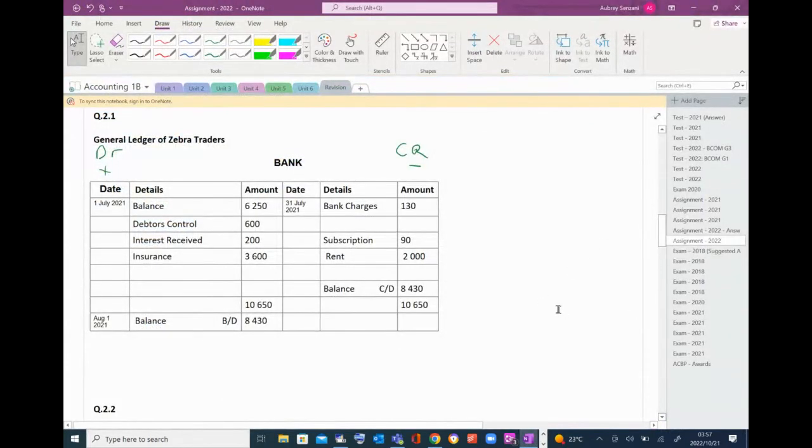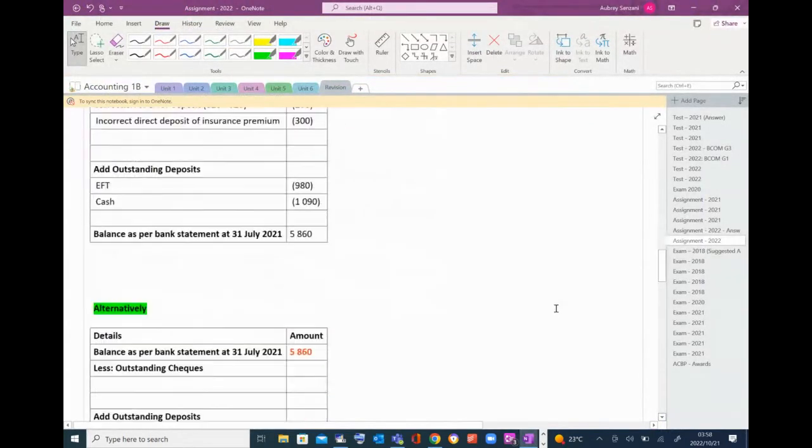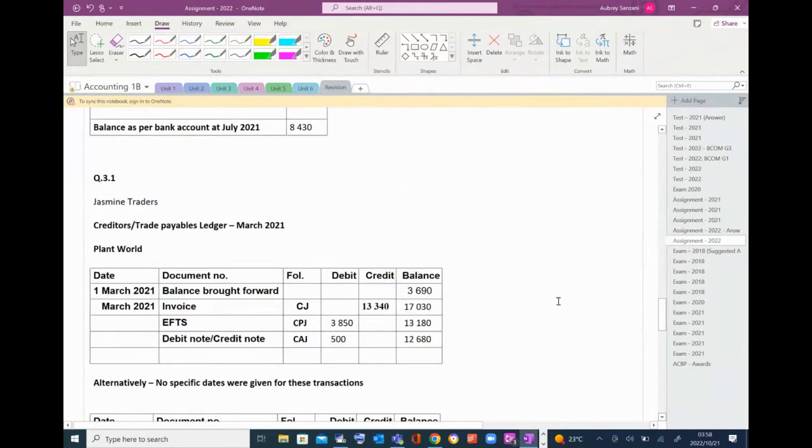So what's happening with question three? Let's look at the required when it came to question three. Question three says, prepare the Plant World account in the trade payables ledger of Jasmine Traders, showing all the transactions for March and April.